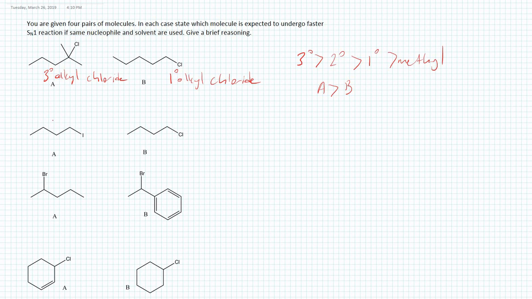So this is a primary iodide and this is a primary chloride, and the substrate effect will be the same. When both molecules undergo SN1 reaction, both will produce primary carbocations. So in terms of stability of carbocations, they will have the same factor. But since they have different leaving groups, the leaving group will affect the rate of reaction.